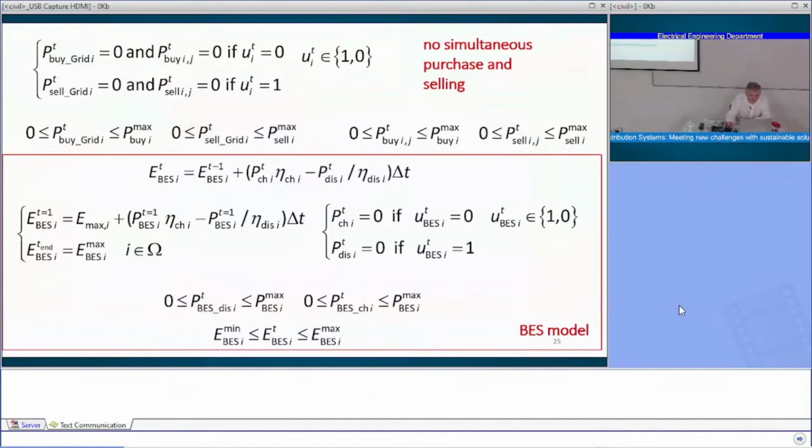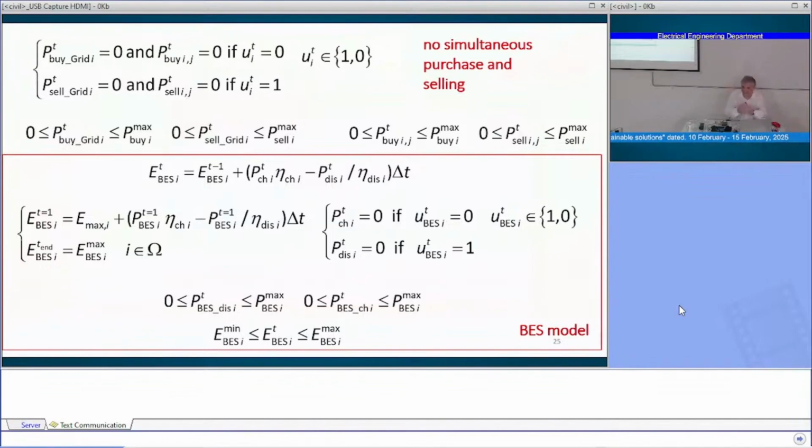So you can see that also here we have introduced the binary variables in order to avoid that the battery is charged and discharged at the same time, because we use two different variables. Having two different variables, in the mathematical problem you can also obtain a solution with charge and discharge both not zero at the same time.